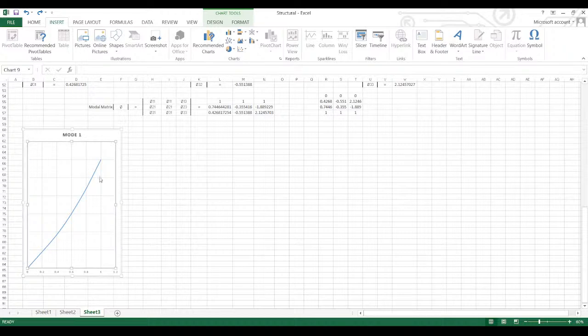Here you have to put this, change template type, put this one. Okay. Is it looking uniform? Yeah.